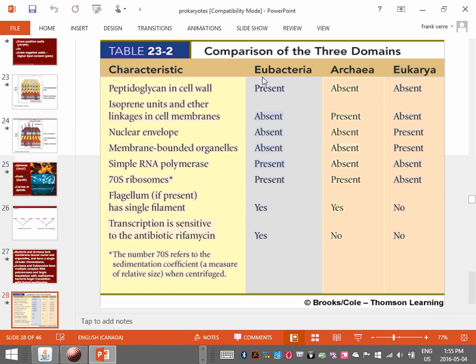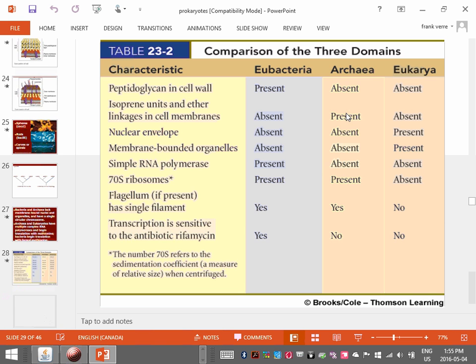So we have this domain, and this is the one that we'll focus on because this is the domain that includes animals, fungi, well, people are animals, plants, and there's another group too called the protists, which we'll talk about later on.